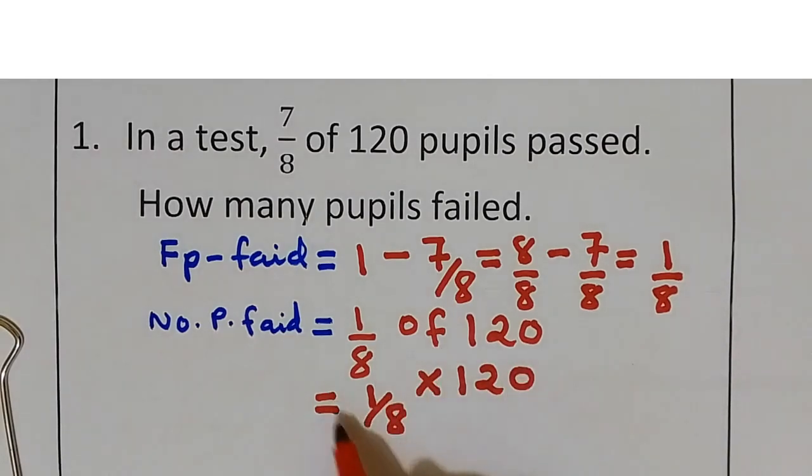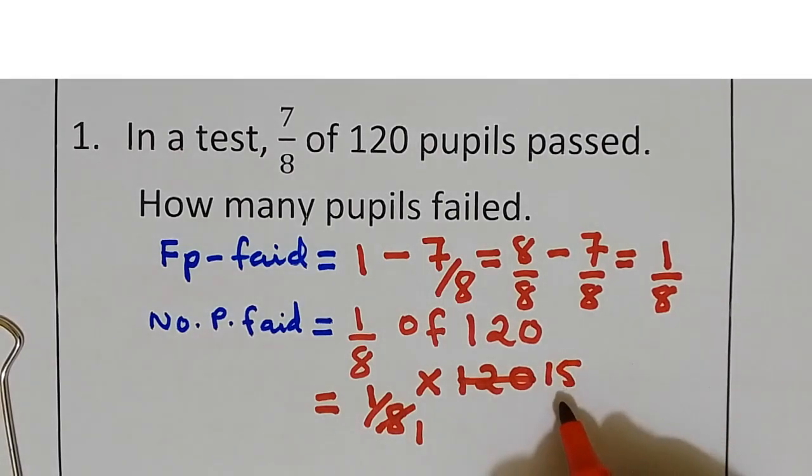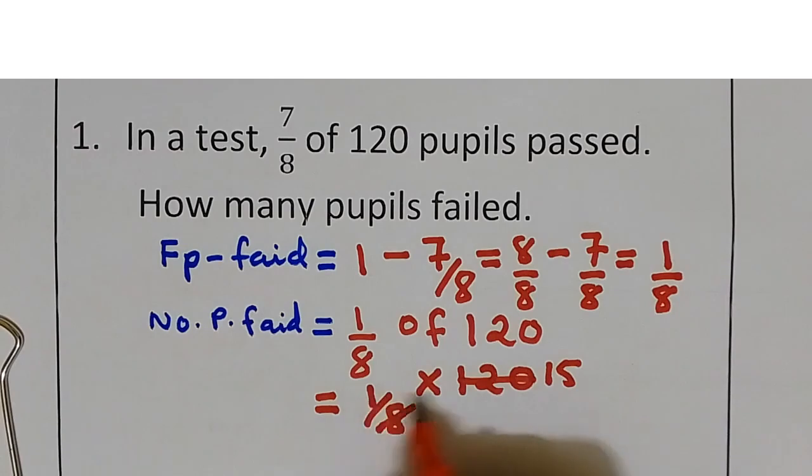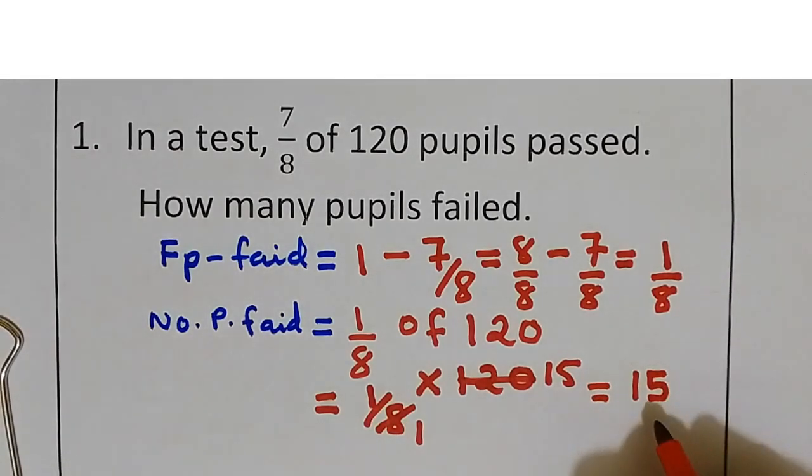We can simplify here by 8, 1 by 8, we get 15. So the number of pupils who failed, 1 times 15, we get 15. 15 pupils failed the test.